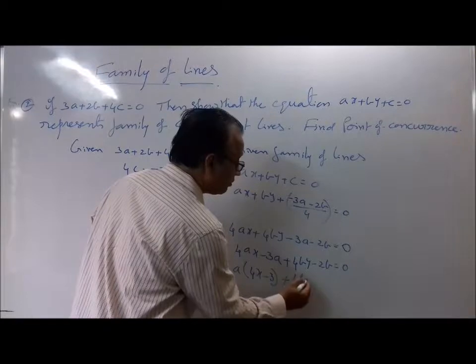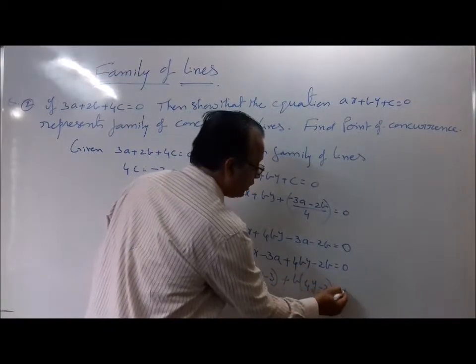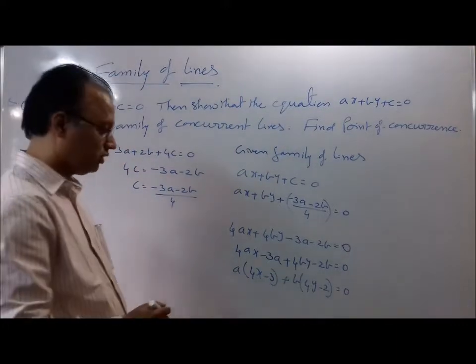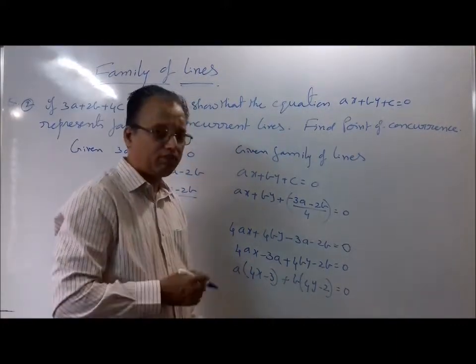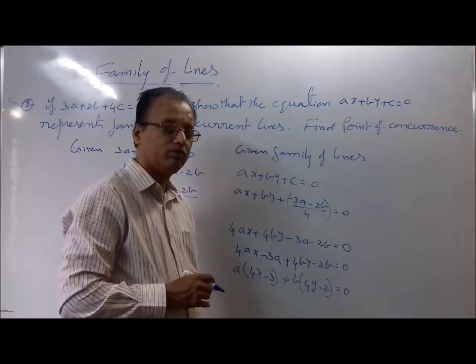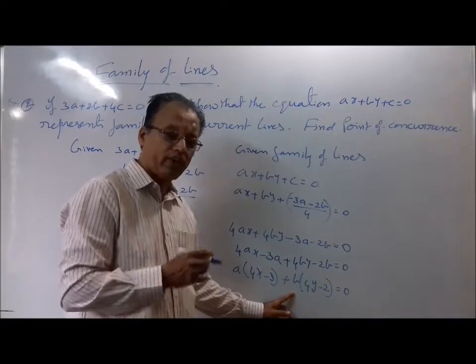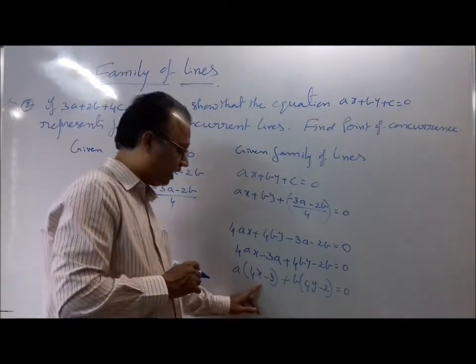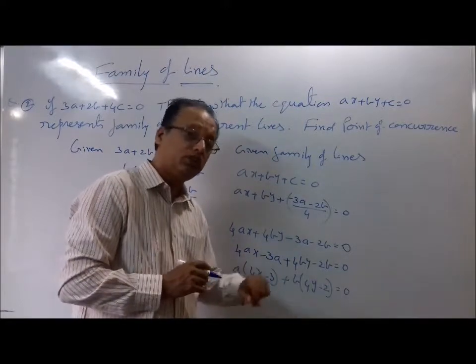Here b common: 4y minus 2 is equal to 0. Now you see, this is in the form of a family of lines. How? a is a constant, b is a constant, so we can say lambda 1 L1 plus lambda 2 L2 equal to 0.